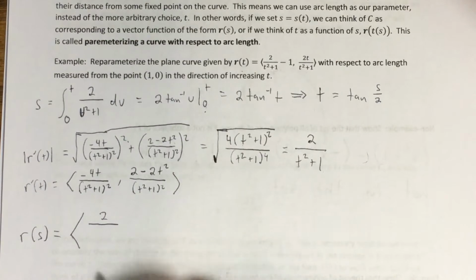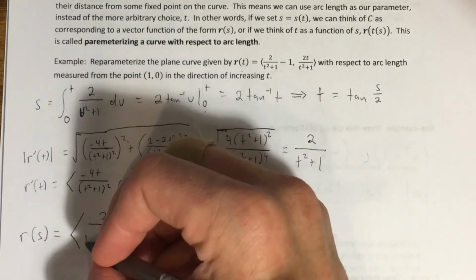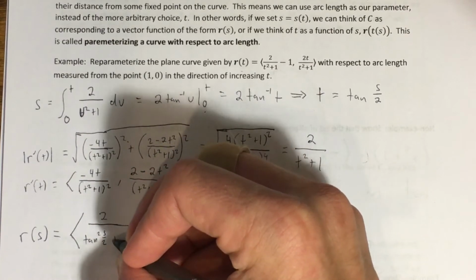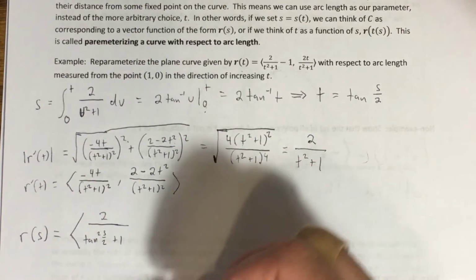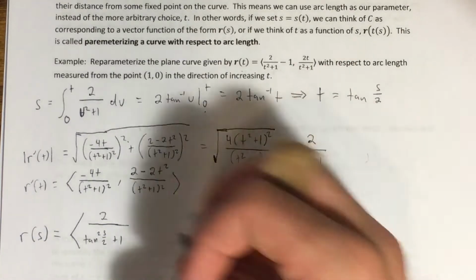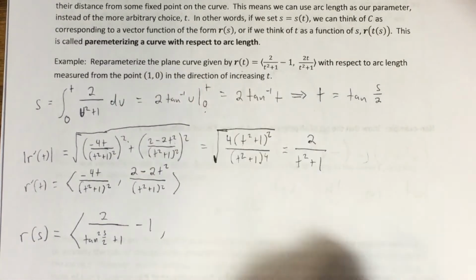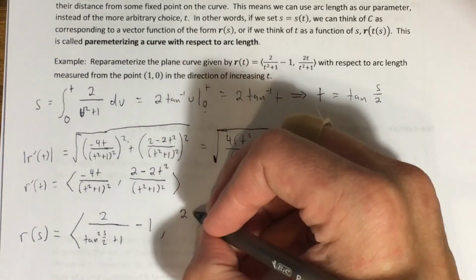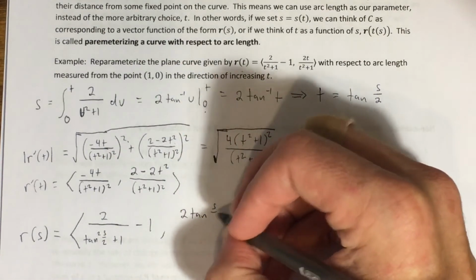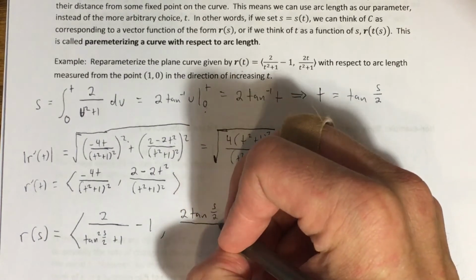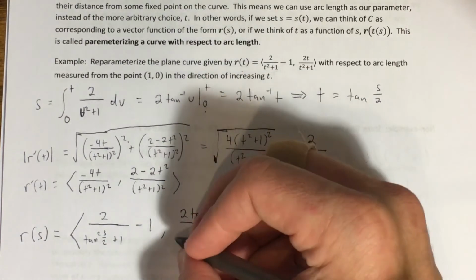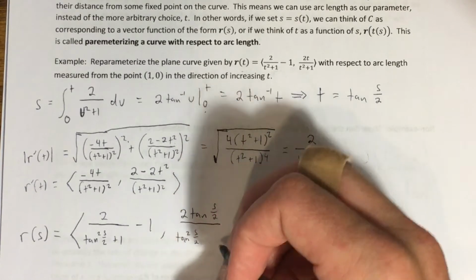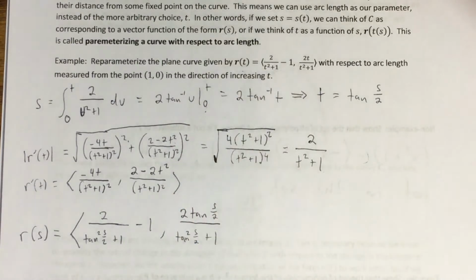So that's going to be tangent squared of s over 2 plus 1. And then minus 1, I have a minus 1 there as well. Over here, 2 times t. So that would be 2 tangent of s over 2 over t squared plus 1 again. So that's tangent squared of s over 2 plus 1.